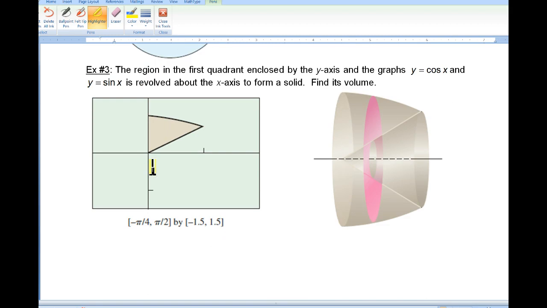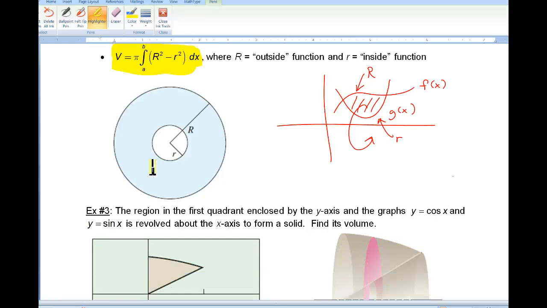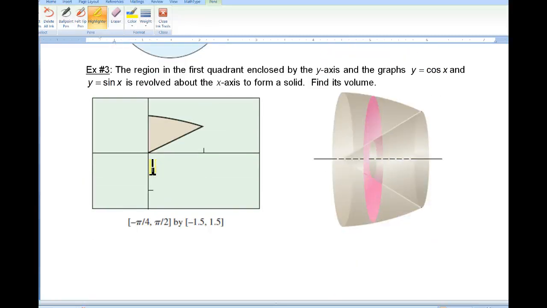Okay, take this example. This is y equals cosine x.